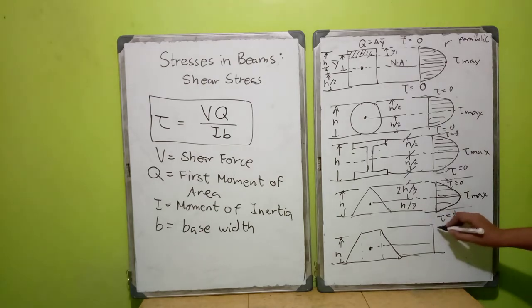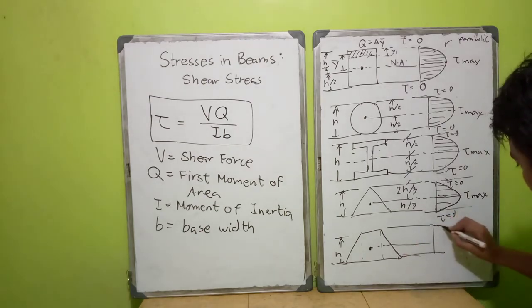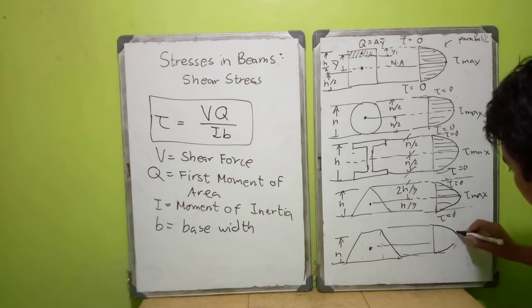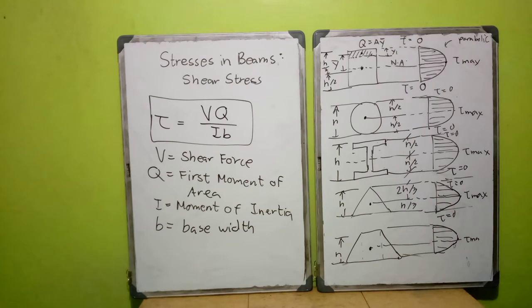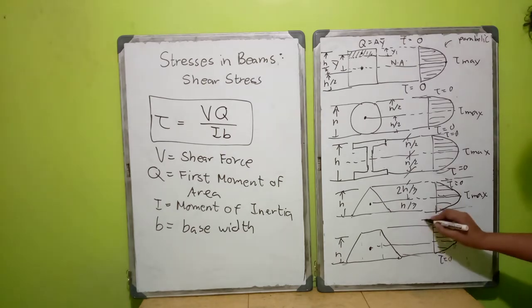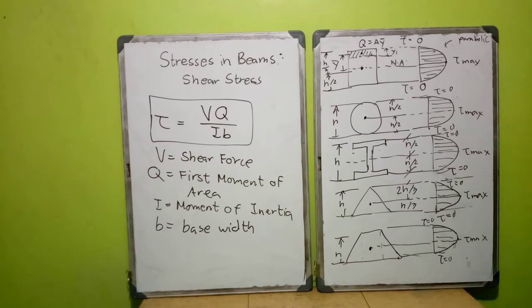Also in this one, it could be slightly skewed downward or upward depending on the shape of your cross-section. So not all the time is your shear stress diagram a symmetrical parabola in form. It could be also skewed. So that is it.